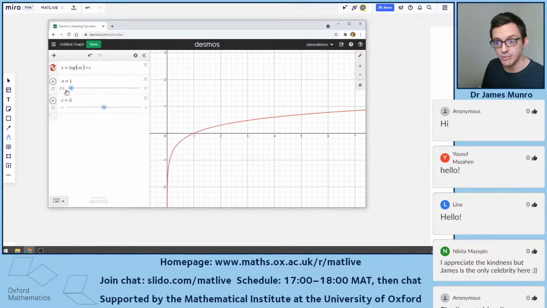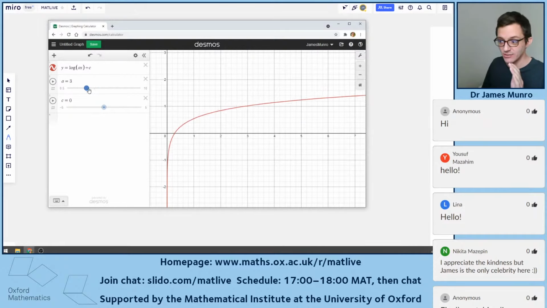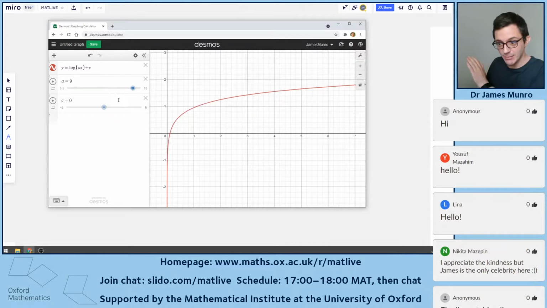But maybe a little bit surprising, if I change a and stretch parallel to the x-axis, that also looks like translating it up and down. Somehow the shape of this graph means that squashing it has a similar effect to translating it up and down.